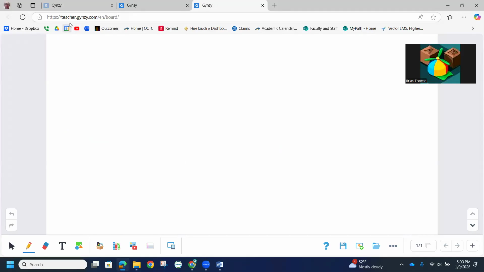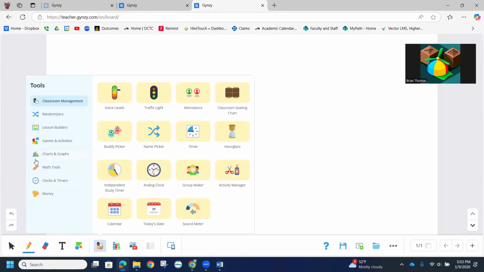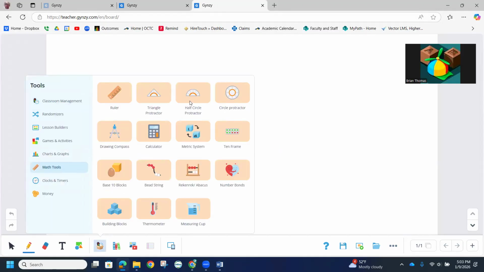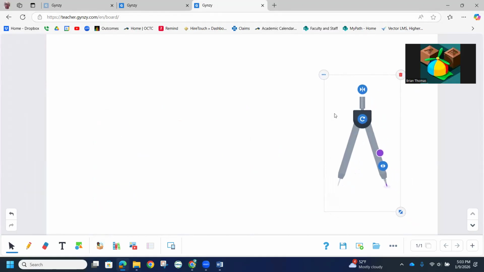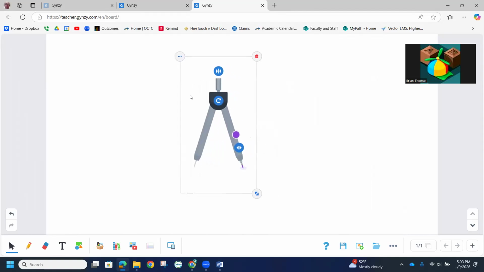There's this website called chintzy.com, and there are little tools in here that we can click on, and some math tools that we can use. What I'm interested in is the compass, because the compass is used to draw circles. So if I can drag this out here a little bit, see if we can get this to work for us here.